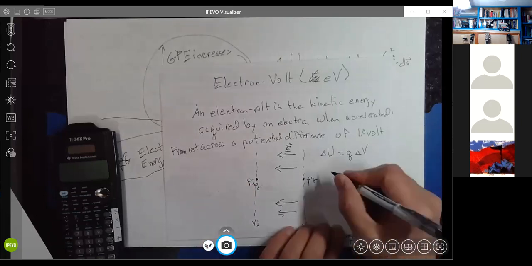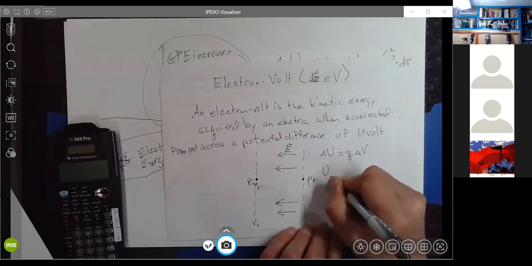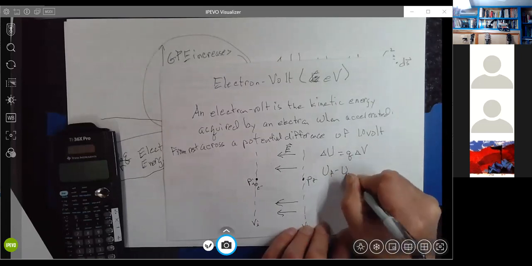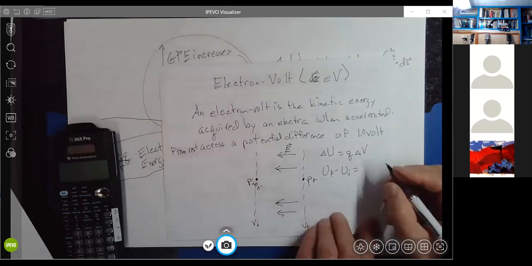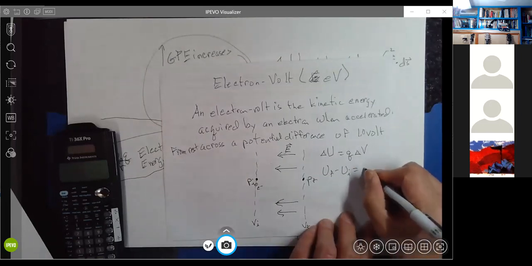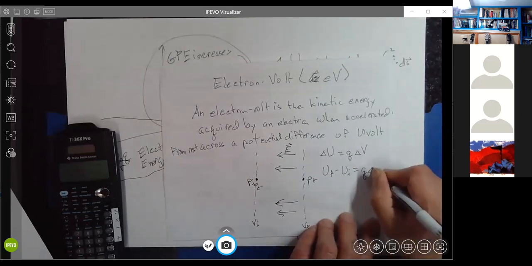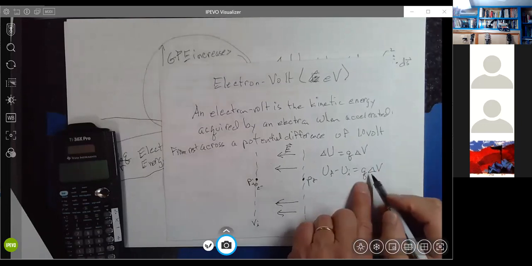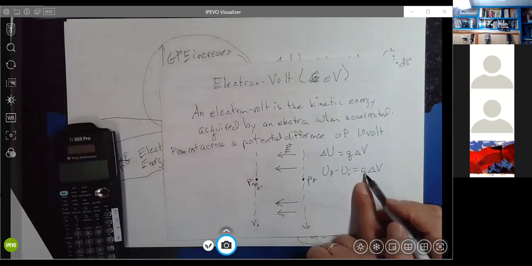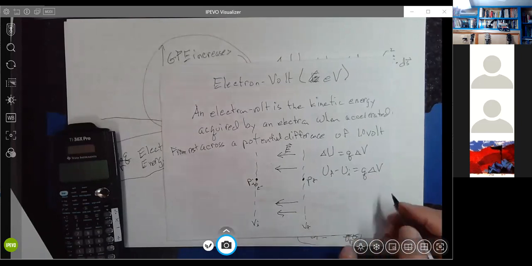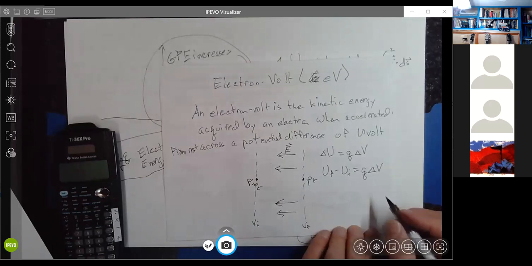U final minus U initial is going to equal Q delta V. Now, the charge on the electron is negative. V final minus V initial would be 1 volt.